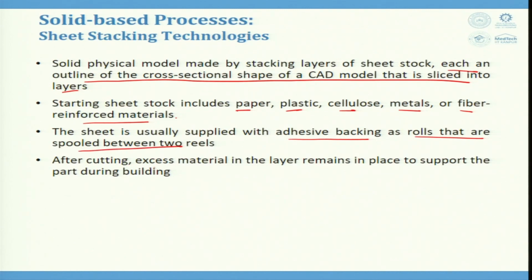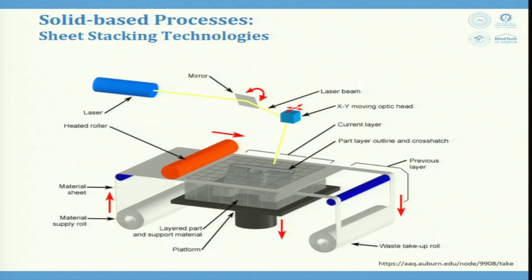After the cutting of the sheets, excess material in the layer remains in place to support the part during the building. That means different sheets are there, this is sheet 1, sheet 2, sheet 3, in between we have glue. This glue helps us to bond the sheets which are stacked one over each other.